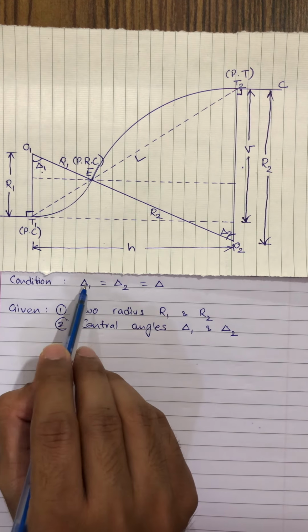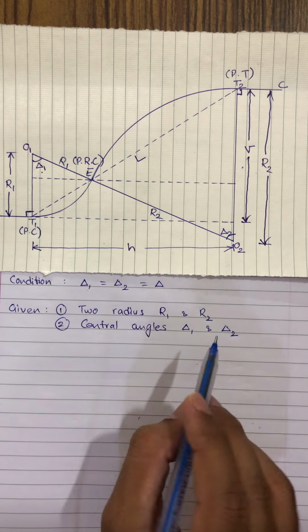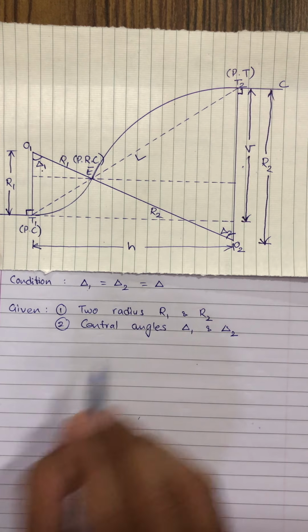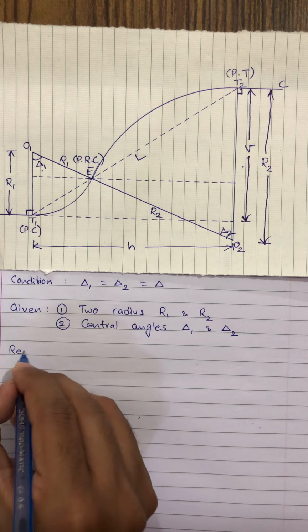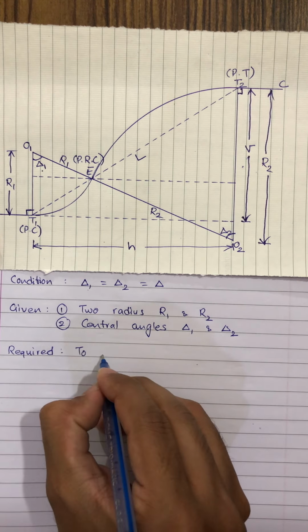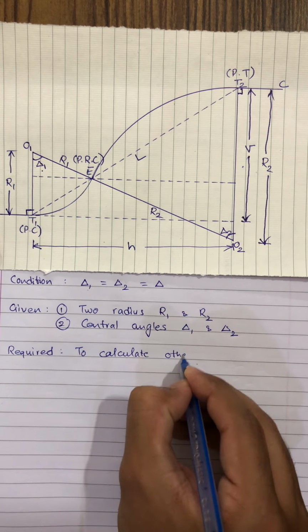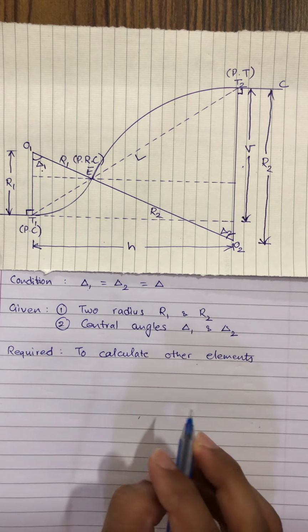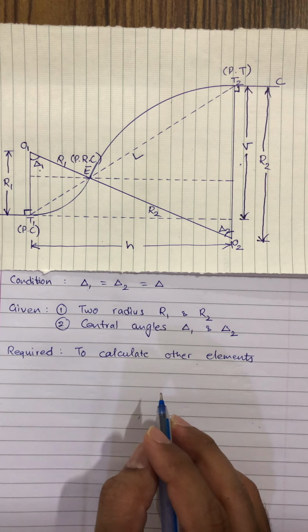The condition is that delta 1 is equal to delta 2 is equal to delta. So what is required to find out? The required parameters are to calculate other elements of the reverse curve.